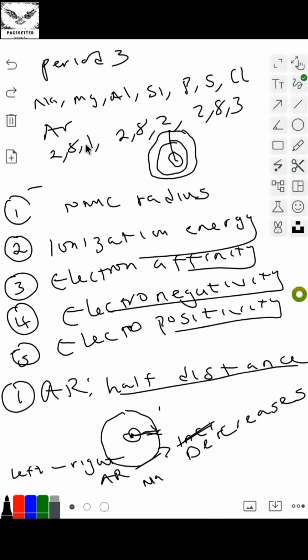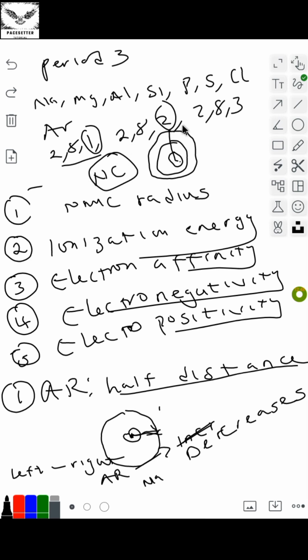But you will observe and agree with me that as you move across the period, the number of protons increases from 1 to 2 to 3 to 4. As the number of protons increases, your nuclear charge, which is the attraction between the nucleus and the outermost shell, increases.